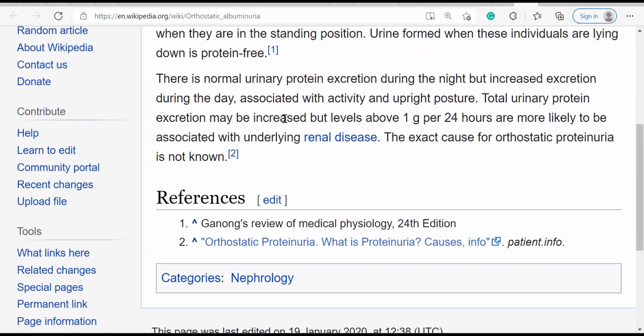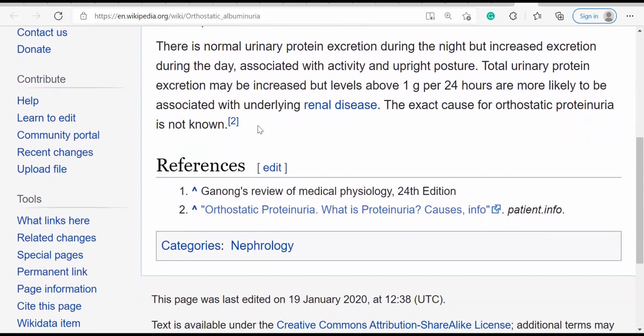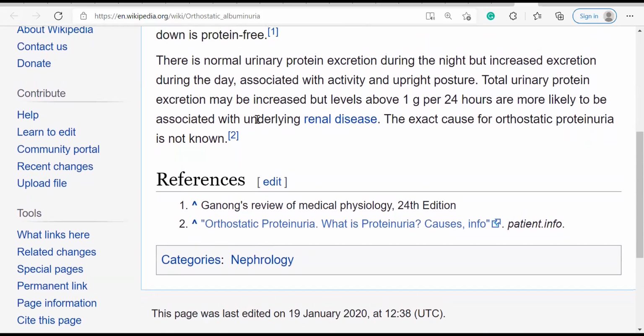Total urinary protein excretion may be elevated, but levels above 1 gram are more likely to be associated with underlying renal disease. So in this patient, the morning urine will be normal, no protein on the morning urine dipstick, but in the afternoon, you will get some protein excreted.